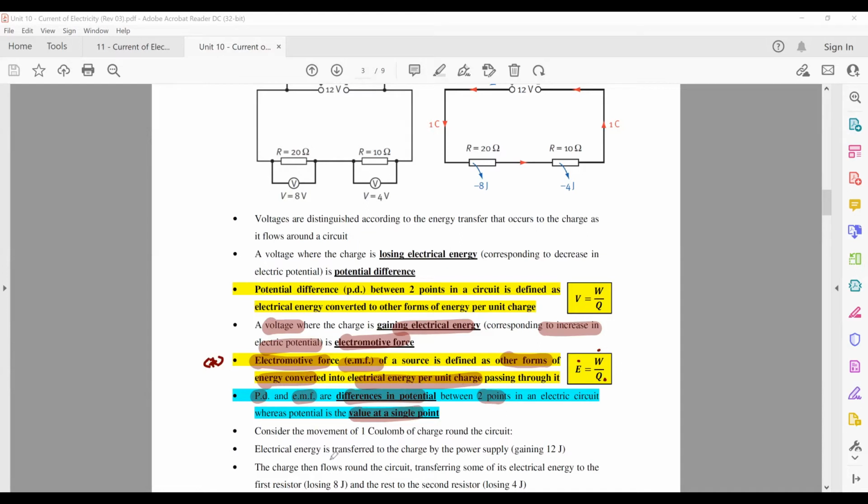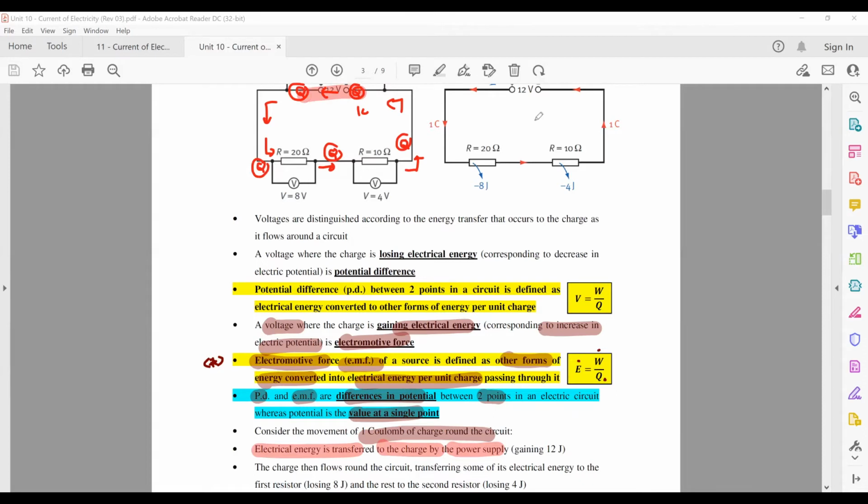All right. So if we were to consider movement of 1 coulomb of charge around the circuit right now, like this one here, I have 1 coulomb of charge that moves through the circuit like this. When the charge moves through the power supply, electrical energy is transferred to the charge.